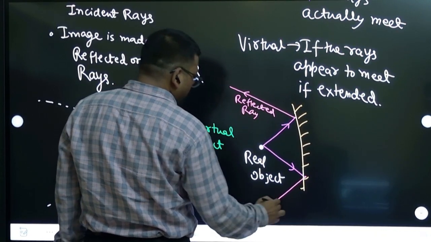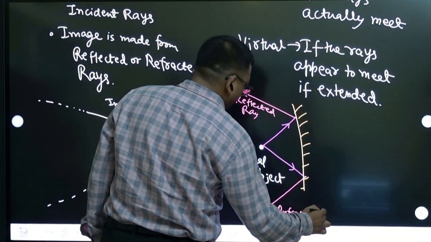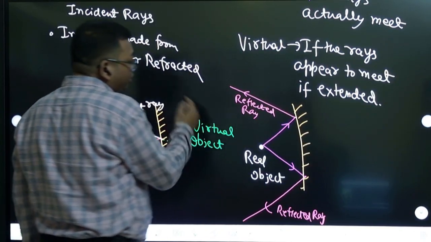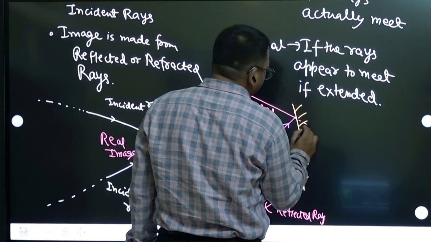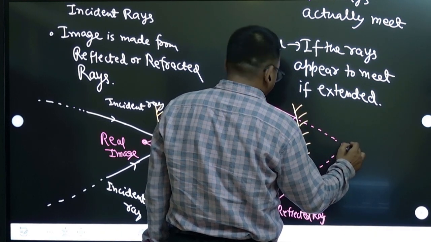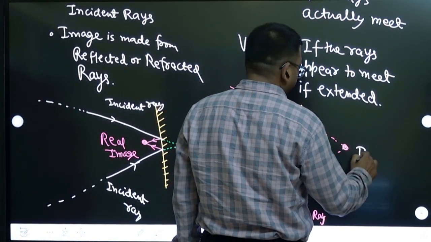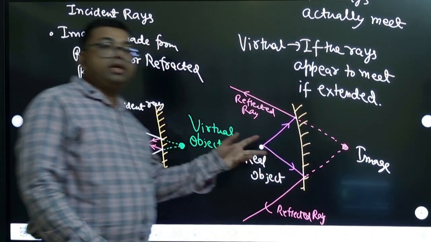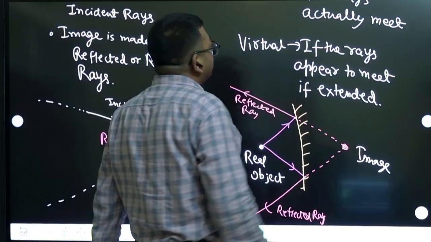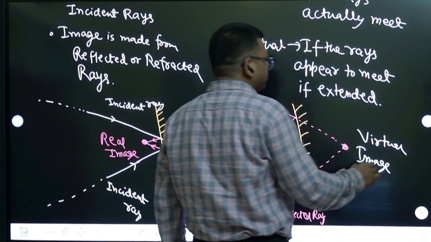This is also a reflected ray. Now these reflected rays are diverging, they are not going to meet, but when you extend them backward, they will appear to meet here. This is the image, right? What type of image is it? These rays are not meeting actually because they are diverging, but they are meeting when extended. This is virtual, but it is an image. So this is a virtual image.